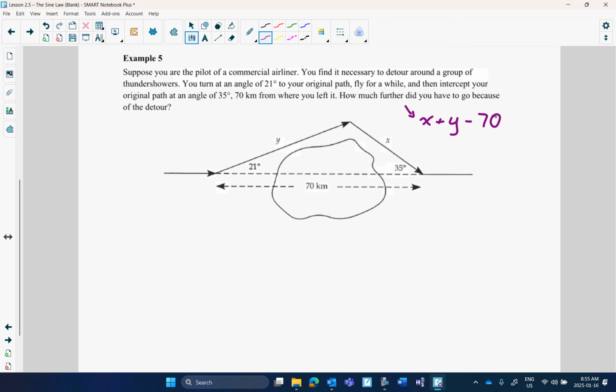But can I find the third angle? Yes. I can find the third angle by doing 180 minus 21 minus 35. And I get 124 degrees.